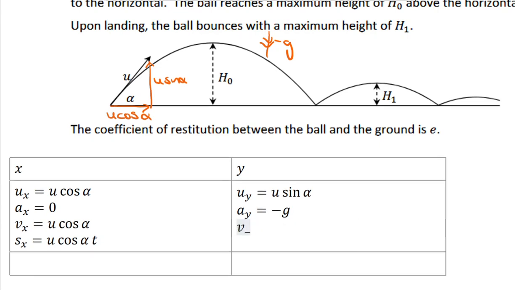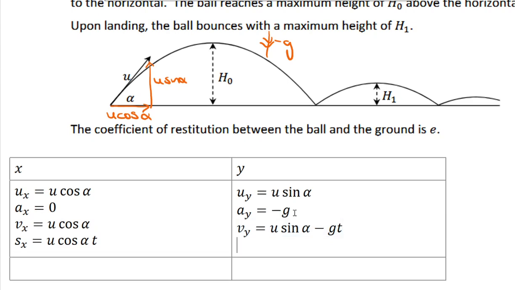So then, try third time, Vy is u plus at from the formula. So now u is our u sine alpha, and then our a is minus g, so it's minus gt.